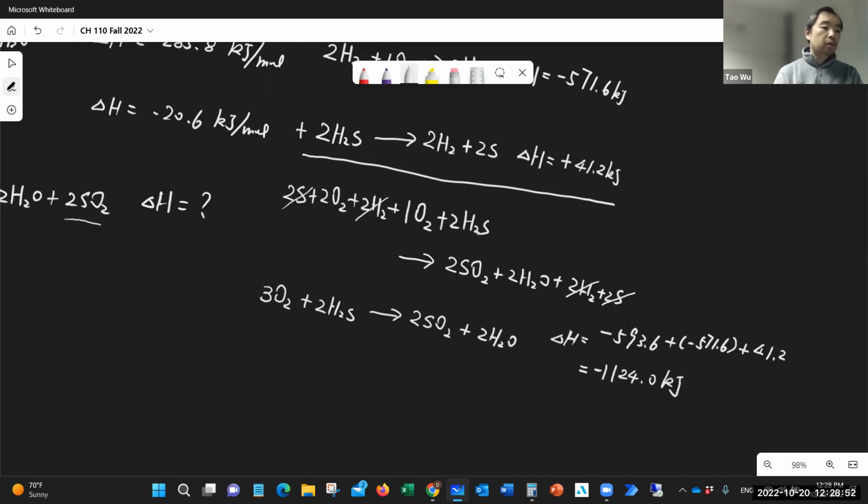Okay, negative 1124.0 kilojoule. So this is how we solve this kind of problem, Hess's law.